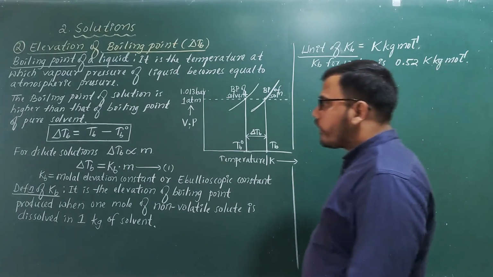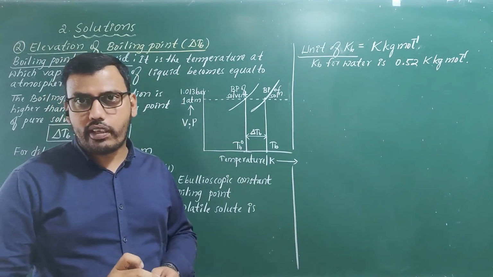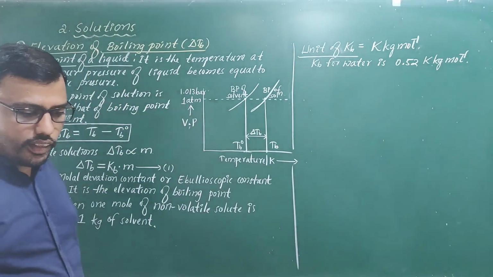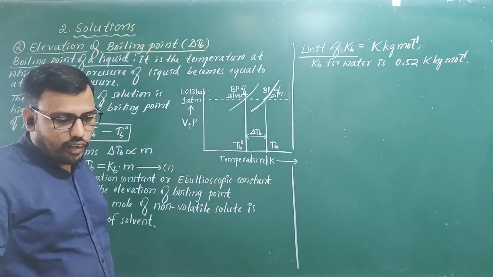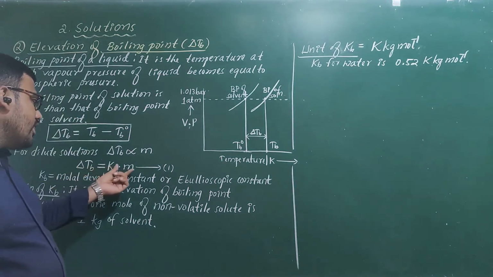So this is about the concept of Kb. This concept is also known as ebullioscopy, where Kb is called the ebullioscopic constant.